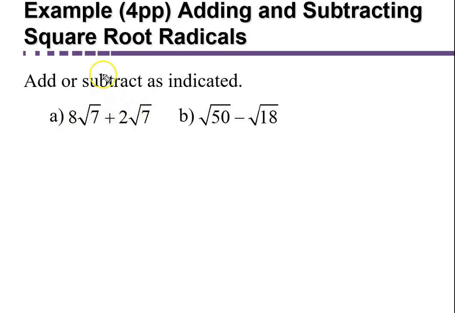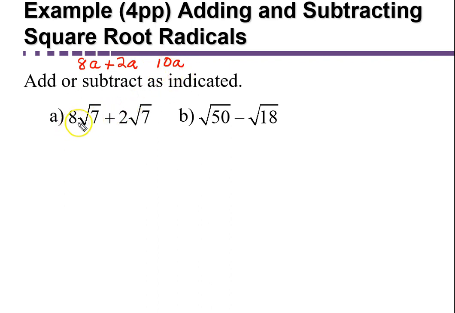Now we can think of the square root of 7 as the letter A, for instance. So if we had 8A plus 2A, we would end up just adding our numbers and get 10A. So if we had 8 apples and 2 apples, we'd have 10 apples.